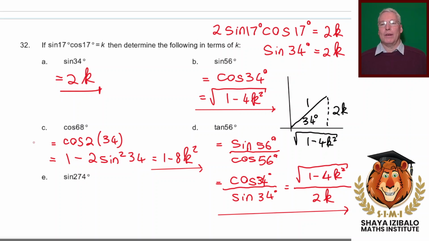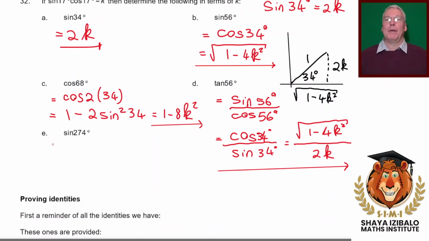Okay, let's see what we can do here. Sure, so this is a little tricky, but in fact we can do it, because we can use the 34 and we can use a special angle.